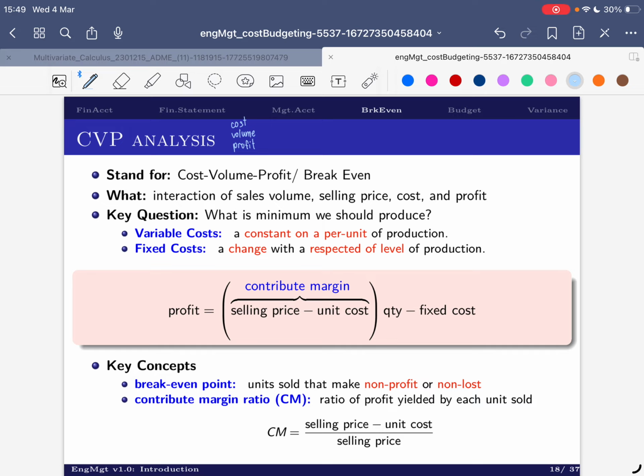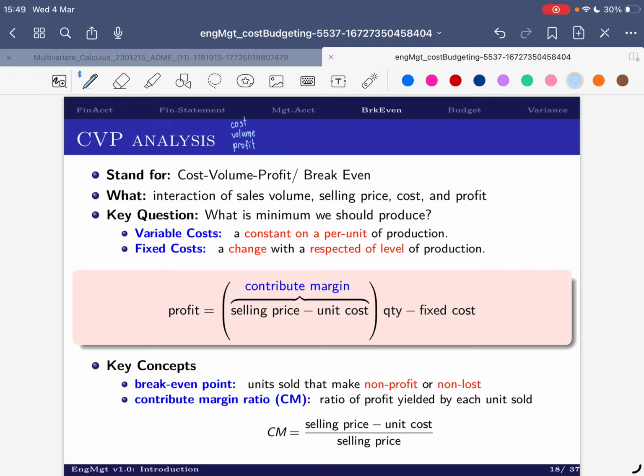If you purchase only one item, it costs you X. How about if you purchase 1,000 of the same item? It's probably going to cost you less than 1,000 times X. This is what we call economy of scale, and the analysis assumes that we don't have this effect. We analyze within a certain range.